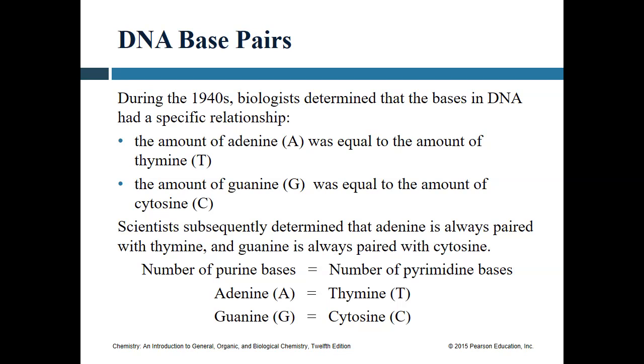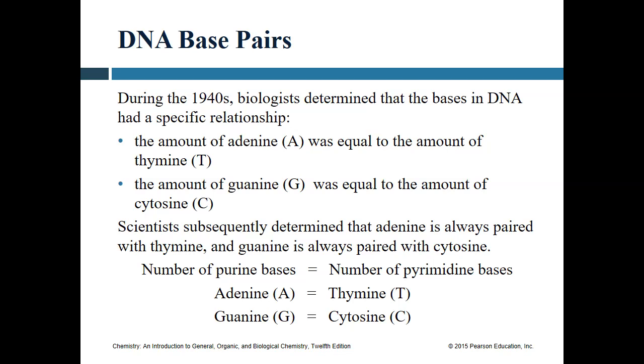Well, luckily we've got some research to help us. Going back to the 1940s, it was discovered that we could actually analyze genetic material and determine its composition, its makeup.